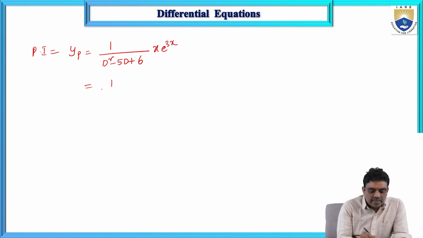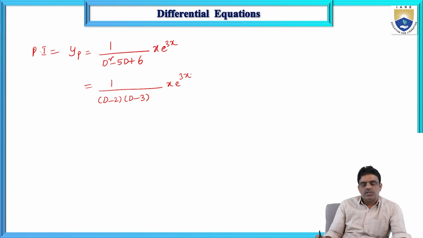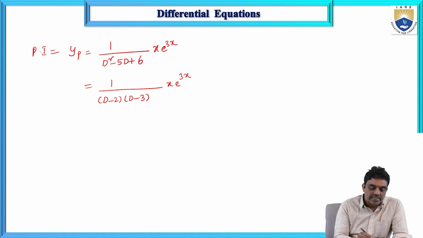So writing in factor form, 1 by d minus 2 into d minus 3 of x e power 3x, because 2 and 3 are the roots of the equation. So I can write d minus 2 into d minus 3.